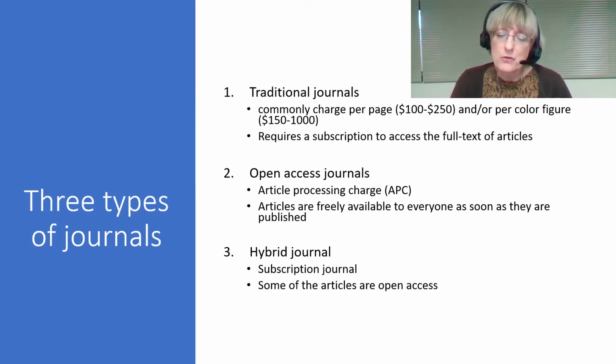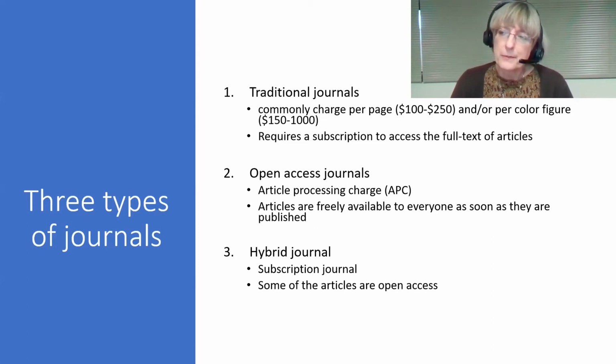And we'll be talking a little bit more about those in a few minutes. And then there are hybrid journals, which is what a lot of the traditional journals are turning into, where they will publish traditionally articles. They still require a subscription for access, but they will also publish open access articles if the author wants to pay a fee.